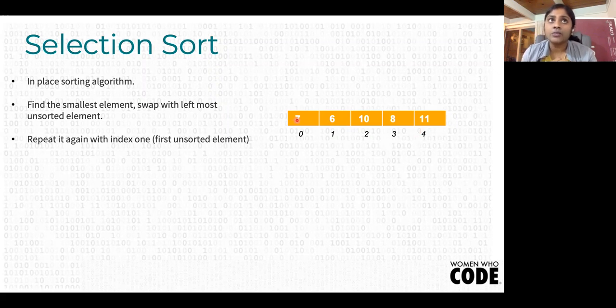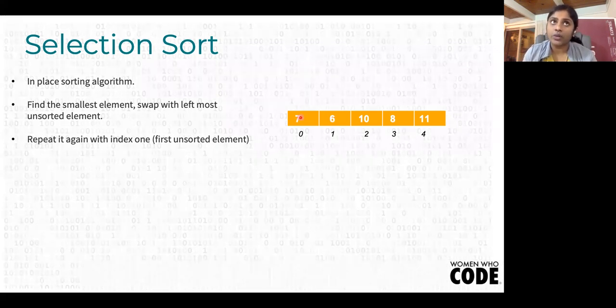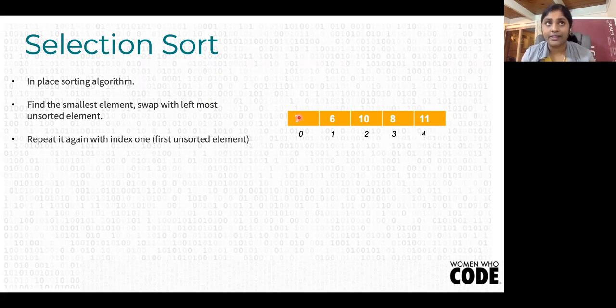So here, the smallest element is 6. Once you find that smallest element, we are going to swap that with the element at index 0, or the element at our counter variable. And then once you perform that swap, increment the counter variable from 0 to 1.